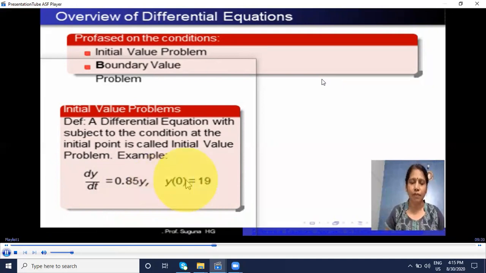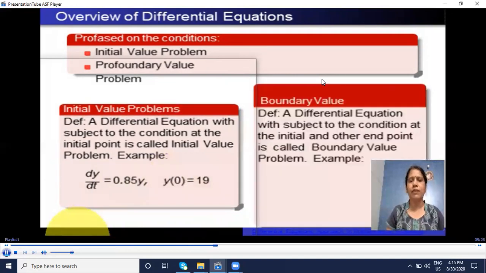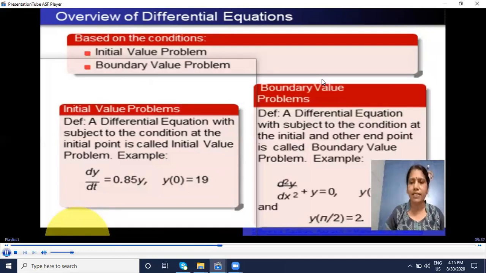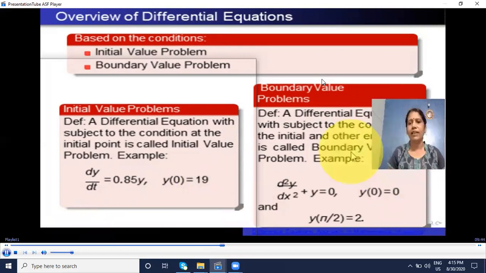Then coming to the next type, the boundary value problem. It's nothing but a differential equation subjected to conditions at the initial and other end points. Both are considered. For example, we have taken an equation, d square y by dx square plus y is equal to 0, and they have given two conditions: y of 0 is equal to 0 and y of pi by 2 is equal to 3.